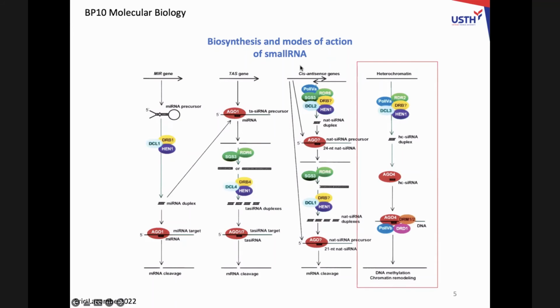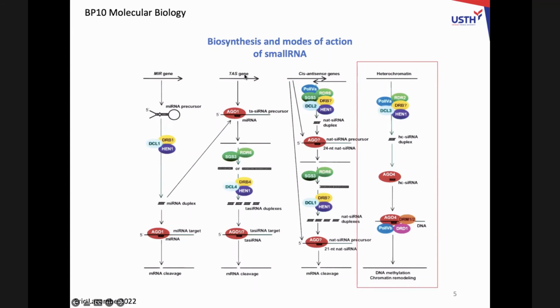After, as I told you, the origin of the small RNA can be different. So there are what we call TAS genes, which are transactivating genes, or cis antisense genes. These are genes that are in front of each other, like we see. At the end, you see the process is extremely more complex anyway, but at the end, it's always the same.